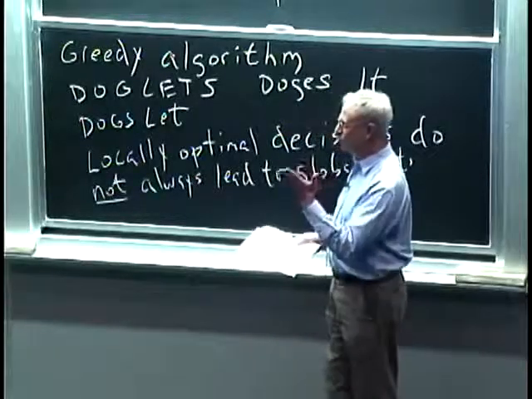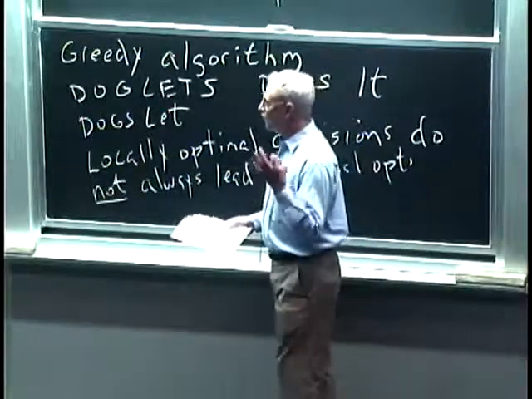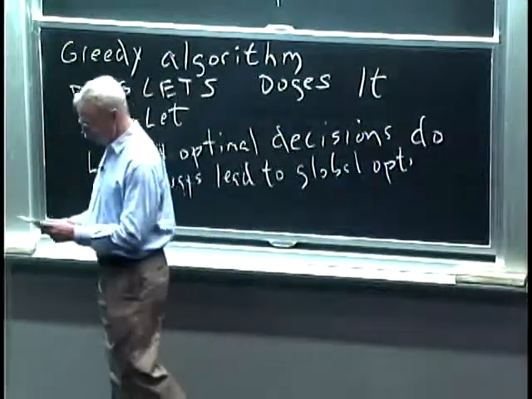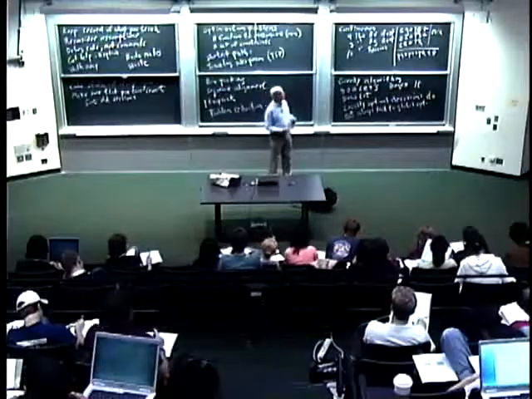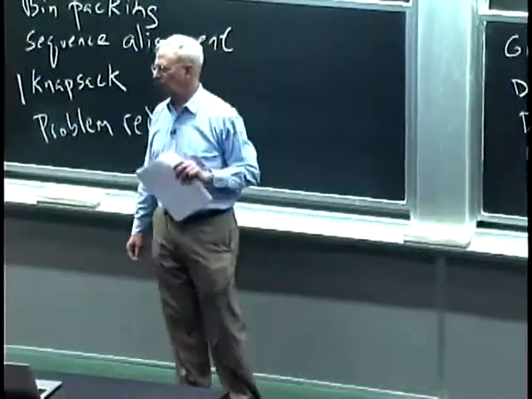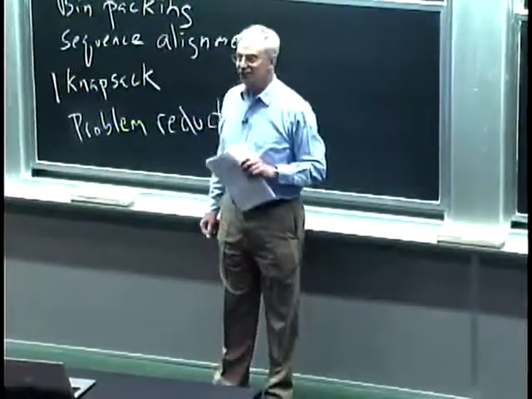Okay, so you can't just repeatedly do the apparently local thing and expect to necessarily get there. Now, as it happens, with the continuous knapsack problem as we formulated it, greedy is good.